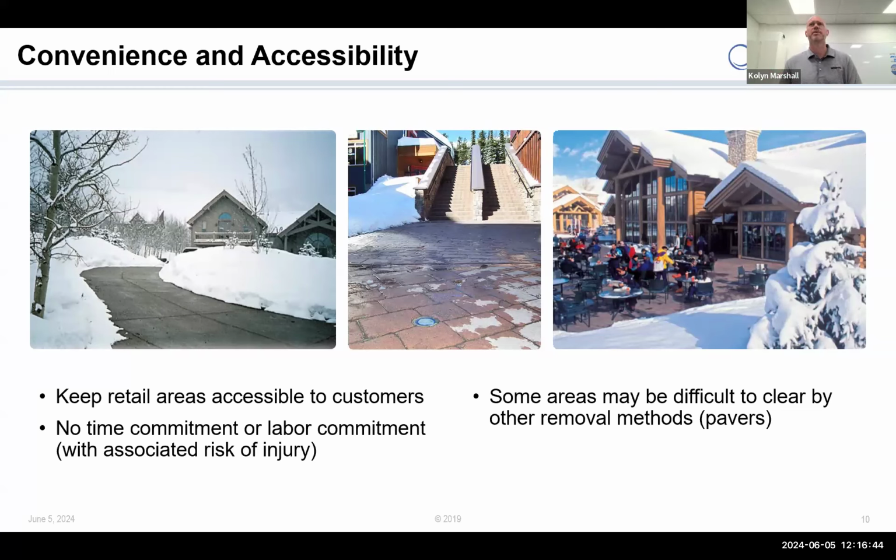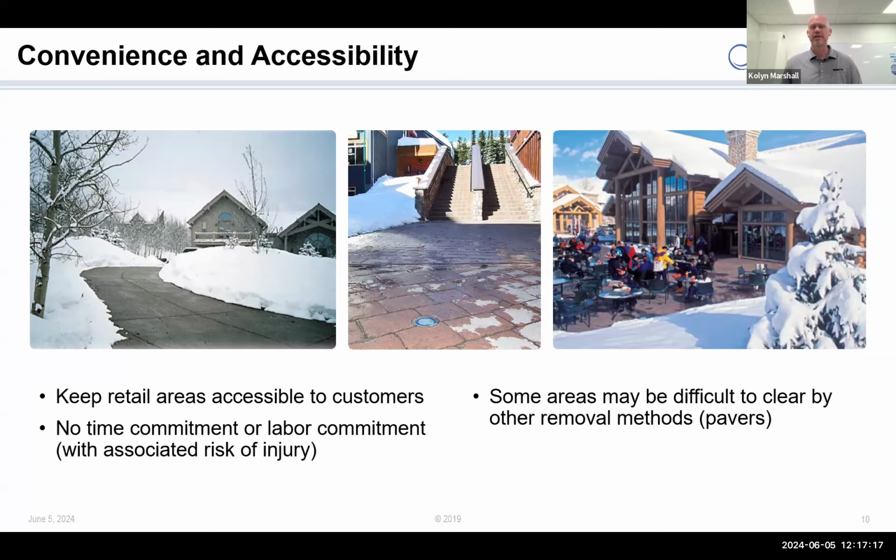Also, on commercial applications, one of the things that you have to contend with is the labor to remove the snow and the time at which the snowfall happens. If you are a business that requires your entryways or your point of use to be clear of snow at 8 a.m. and it starts snowing at 4 a.m., well, nobody is physically there to remove the snow unless somebody either A, lives on site or is on duty to come in and take care of that.